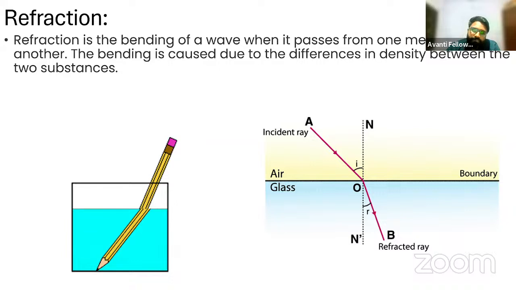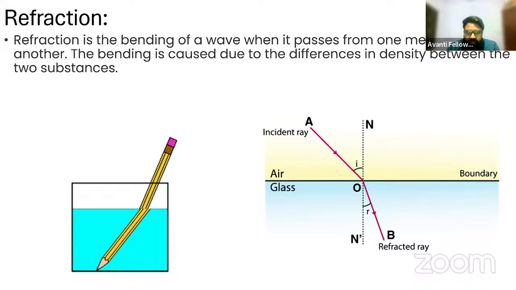This bending of light depends on the optical density of the medium. If light feels that this medium is optically dense, then it will bend toward the normal. And if it finds that this medium is optically rare, then the light will move away from the normal.